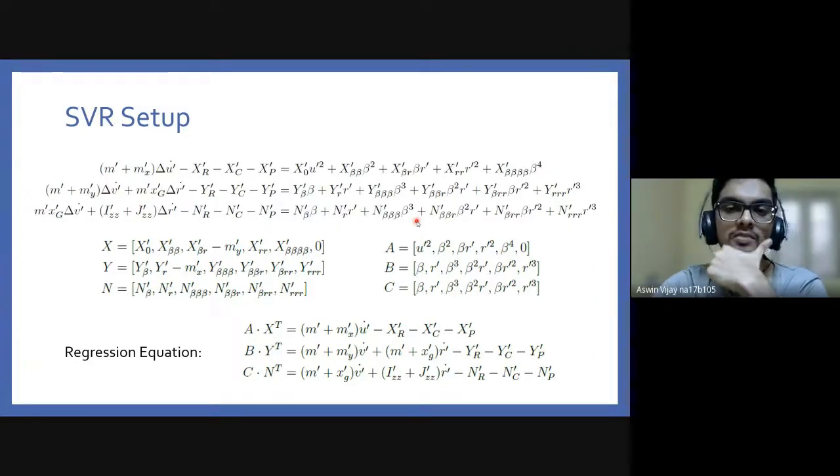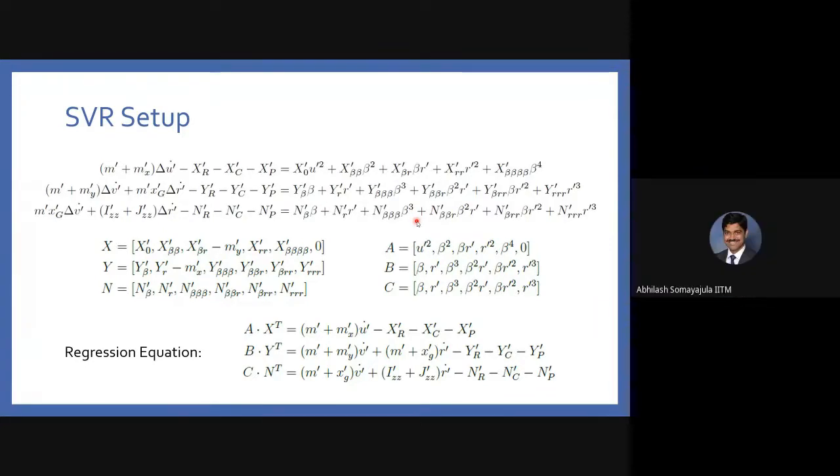Yes, but that is just for one maneuver. What I mean is their importance may not be there. Suppose y beta times beta is 10 times larger than y beta beta beta times beta cube.